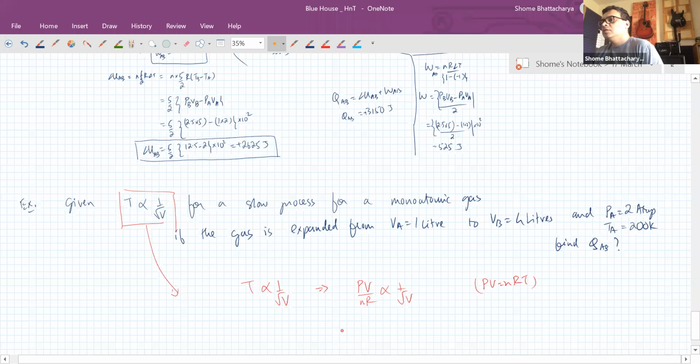So we get pressure is proportional to V to the power minus 3 by 2, or PV to the power 3 by 2 is constant.